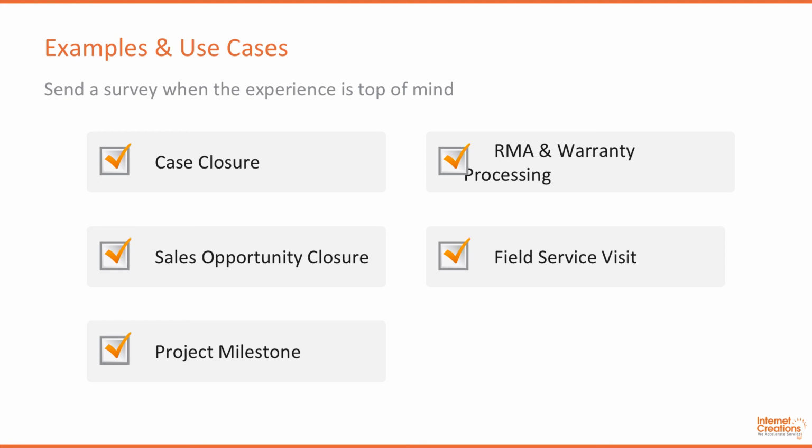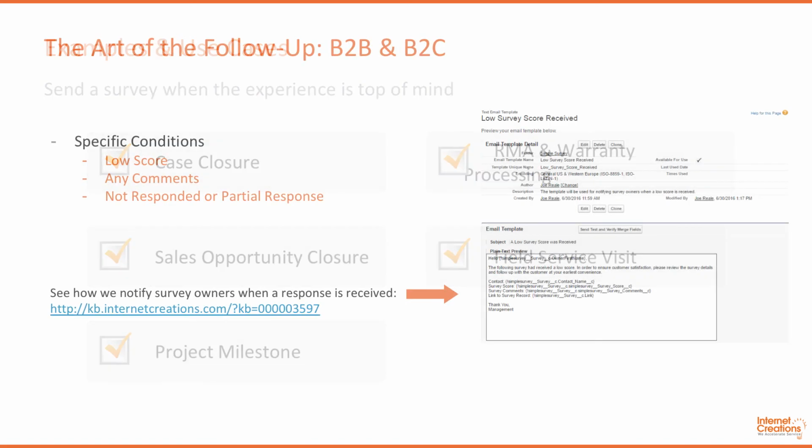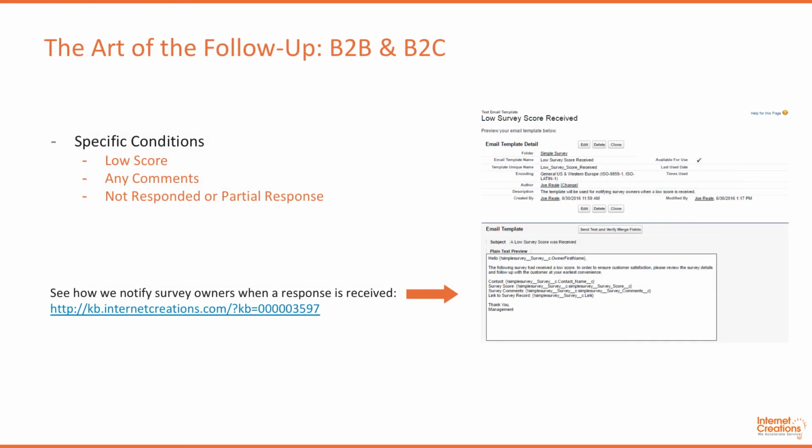So I wanted to talk a little bit about what we do here at Internet Creations, which is we look at some specific things to make sure that we're following up properly. Part of that is that anytime a customer gives us a low score on one of those case closure emails, we're going to follow up, even if they give us no more comments.